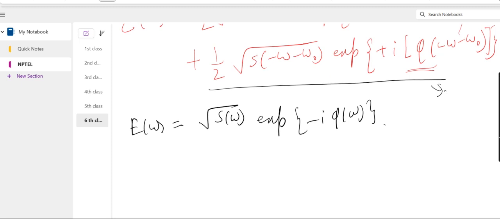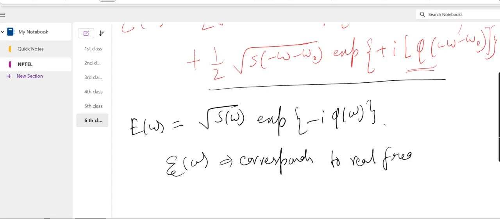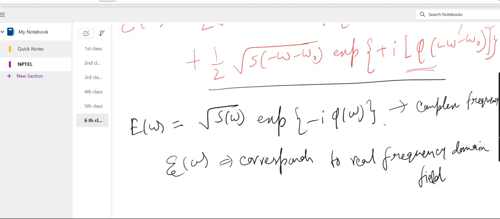So this is the frequency domain real field. This part corresponds to the real frequency domain field, and this corresponds to the complex frequency domain field.